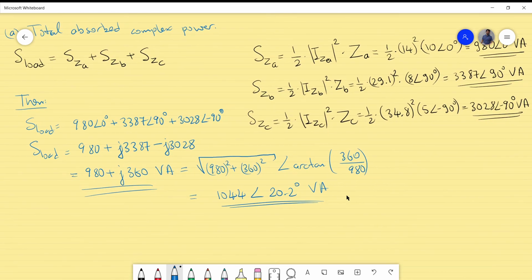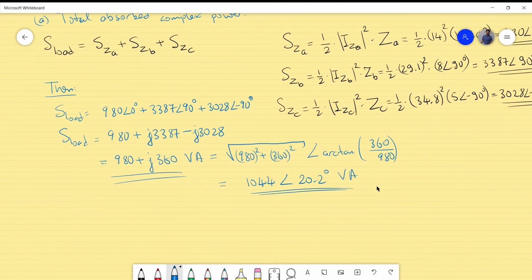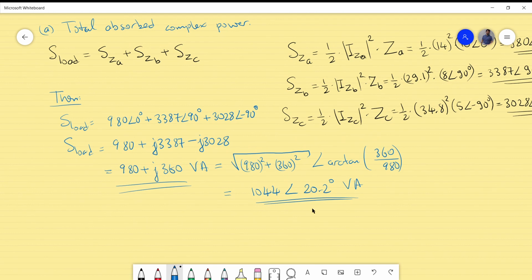For the second question, for the power factor, what I need is of course this expression which shows me the phase. So the power factor PF is equal to the cosine of the phase of the total apparent power. That is in this case positive, and because it is a positive phase, it means it's actually lagging.